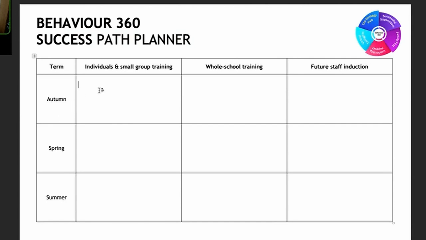So one of the units, so we've got teacher A, their focus is going to be, what was the name of the unit? It was how to manage low-level disruption.